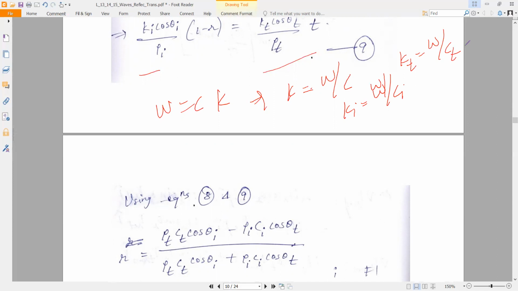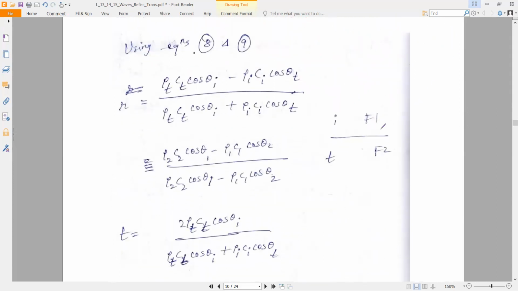R and T. And I'm trying to write everything in terms of the phase speeds, because phase speed is a material property, whereas wave number k has both an experimental parameter, which is frequency, and also the material property c. So two equations, two unknowns, you solve for it, and you will get these expressions for reflection coefficient and transmission coefficient.